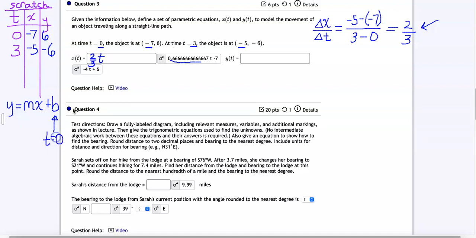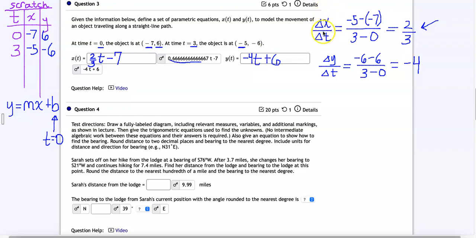You can see that at time 0, x is at -7, so we complete the x of t parametric equation this way. Similarly for y, our slope will be change of y over change of t, and that will end up being -4t, and then the value of y at t equals 0 is 6. And so there you go.